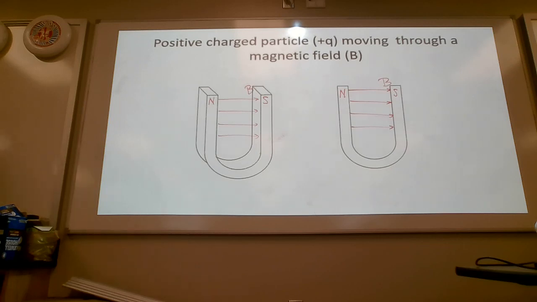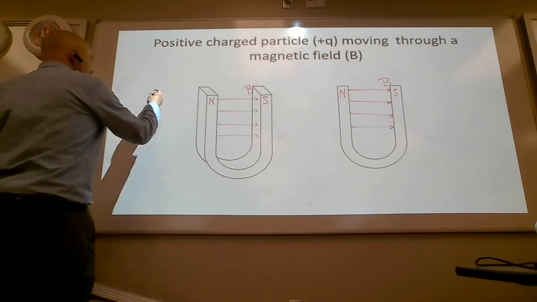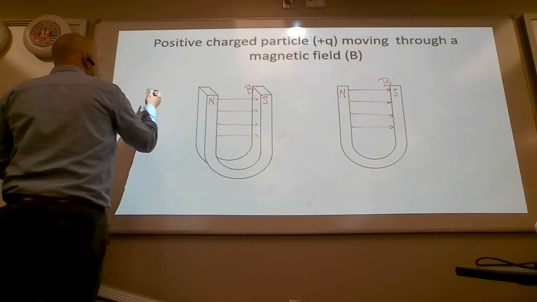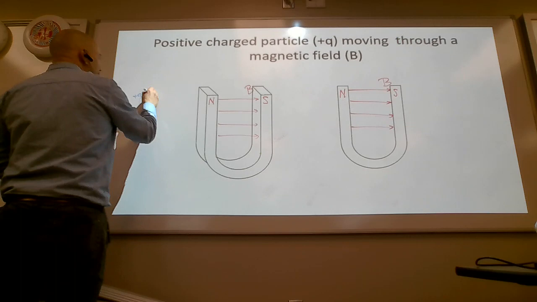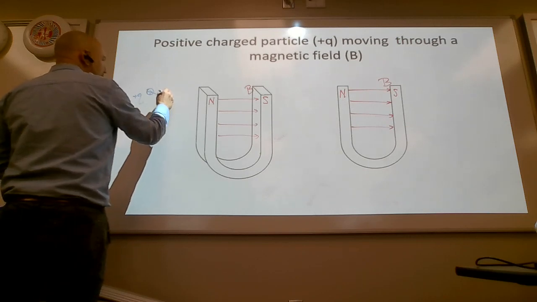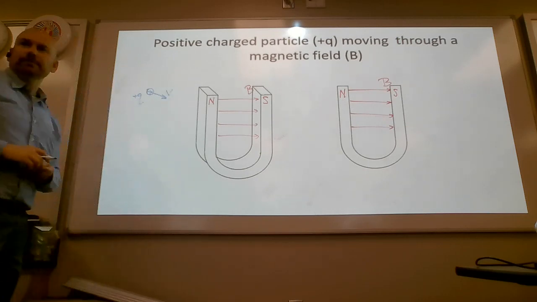That's your magnetic field. So this is our already existing, external magnetic field. And then we're going to take a proton, a positively charged particle, and kick it through the uprights. We're going to shoot for a field goal.